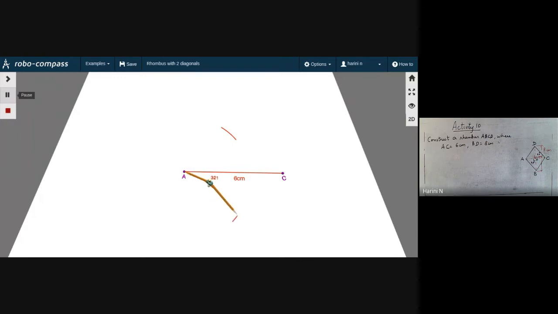Don't change the radius again, same radius. So with the same radius, now you will keep the compass at C and cut arcs above and below. Whatever radius you are taking in the first step at A should be maintained at C also.